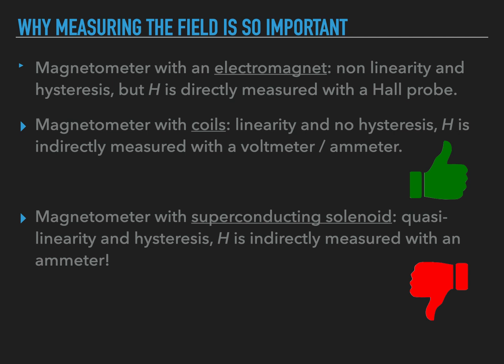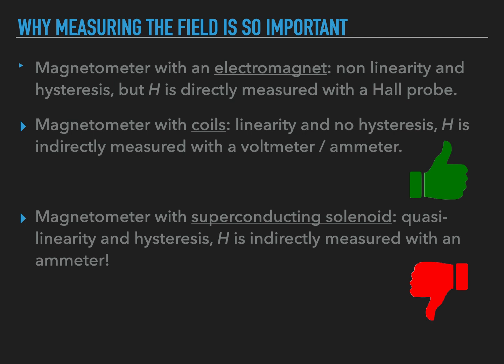You can simply measure the current that is flowing in the wires of the coils, provided that you know the calibration factor of the coil. The problem becomes more complex when you use superconducting solenoids, because they are quasi-linear but not perfectly linear, and they display hysteresis.